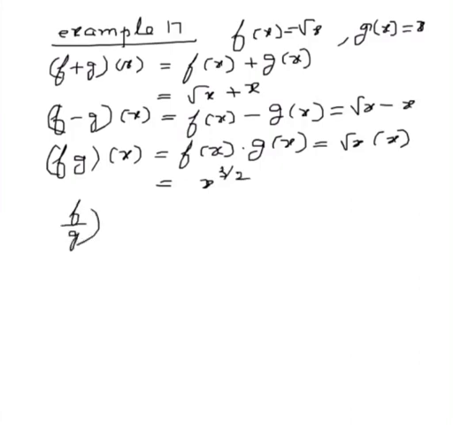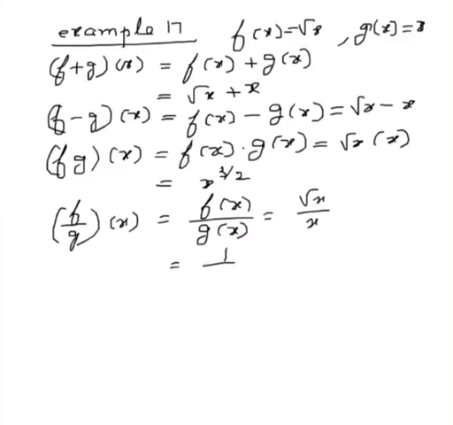F divided by g of x is f of x divided by g of x. Root x divided by x. We can simplify. It becomes 1 by root x. We have a condition that x should not take the value 0.